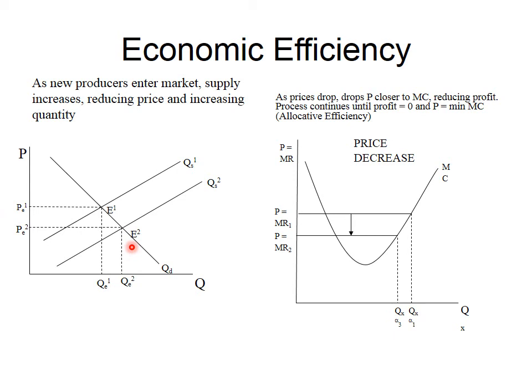There's not as much fluctuation, and that's why I introduced this continuum from perfect competition to monopoly. The closer it is to perfect competition, the more this phenomenon is going to happen, and the more this phenomenon happens, the more efficient the industry. The only time you actually achieve pure economic efficiency is in a perfectly competitive industry.